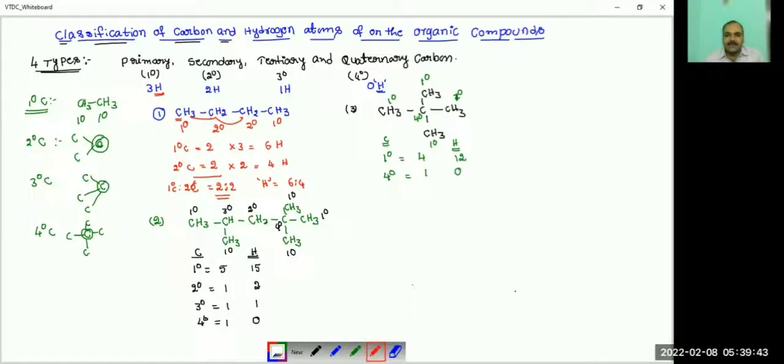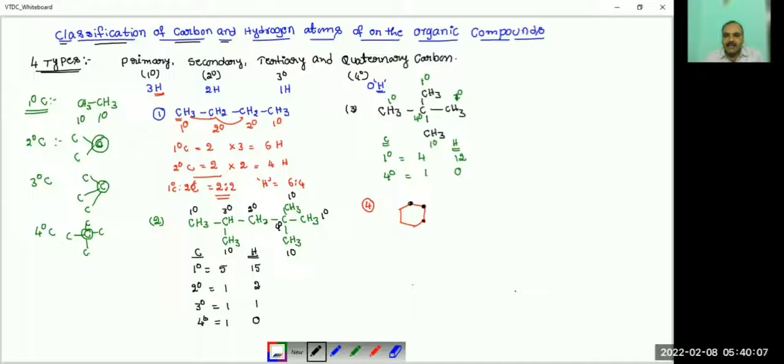And the next one, this one is cyclohexane. Here there are no quaternary, primary, or tertiary carbons. Only secondary carbon atoms are there.